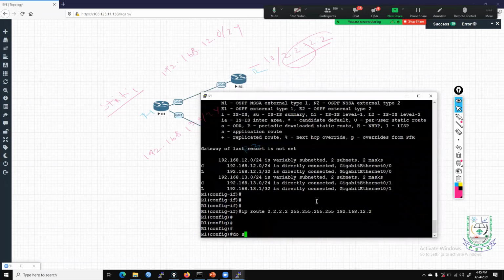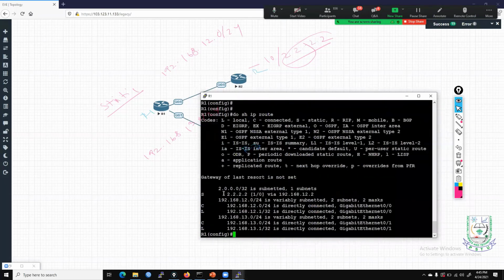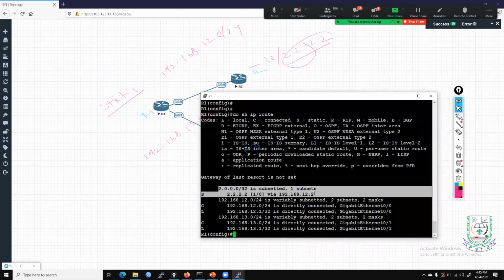If you check the route table now, show ip route, you see we are now getting another route for 2.2.2.2.